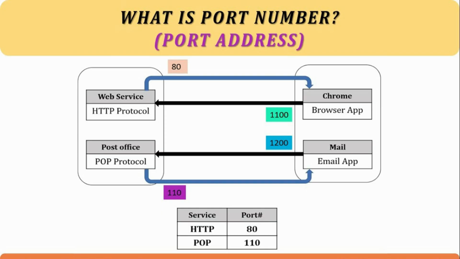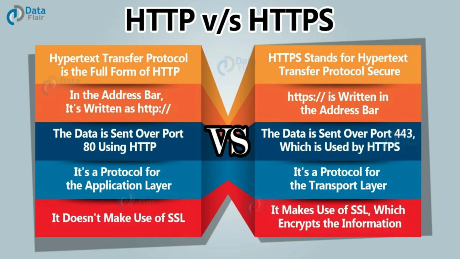Registered ports are 1024 to 49,151. These ports are assigned to specific applications by organizations and used for various services. The dynamic and private ports are 49,152 to 65,535. These ports are used for temporary connections and can be used by any process.